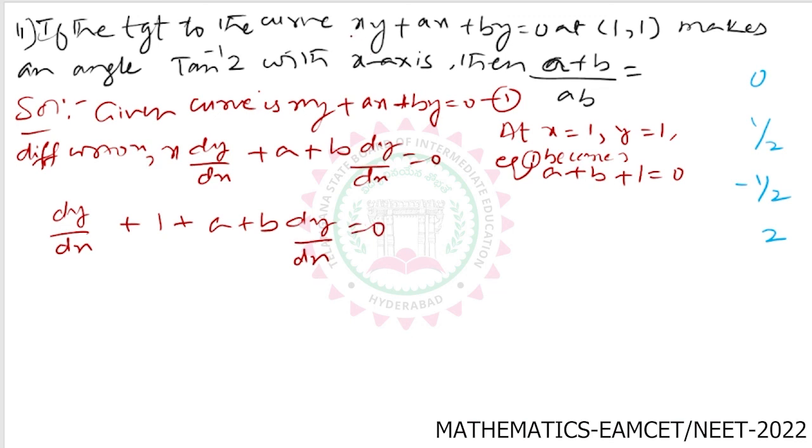Because this is a product, first into derivative of second: x into dy by dx plus y into 1. So y into 1 is here, x into dy by dx. I will write one more step so that it is very clear to you.